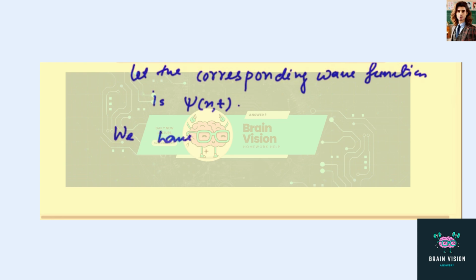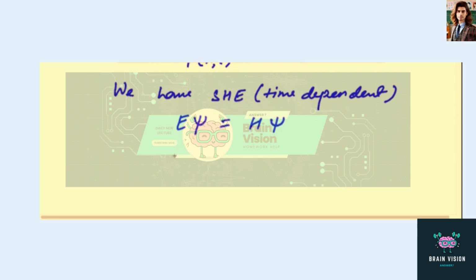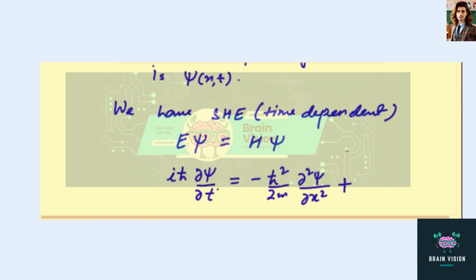We have the time dependent Schrodinger equation, that is E psi is equal to H psi, and the value of E is i h bar del by del t, that is i h bar del psi by del t, is equal to minus h bar square by 2m del 2 psi by del x square. This is the kinetic energy, plus V psi.